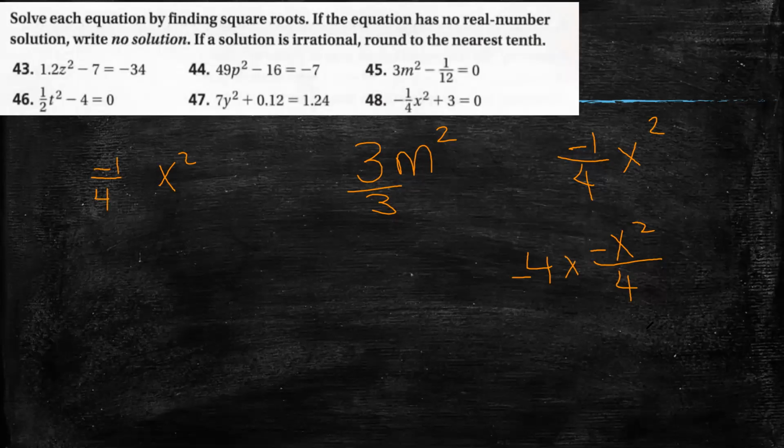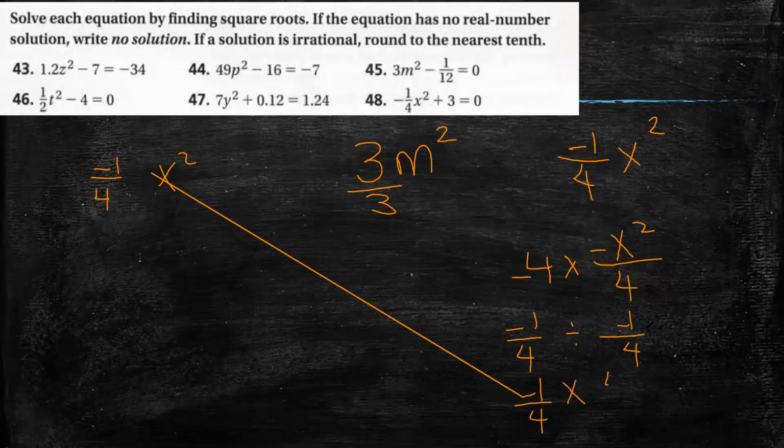You know that if you have a fraction divided by another fraction, you keep the first fraction as it is times the reciprocal of the second one. Here, if I say negative 1 over 4 times x squared, I mean dividing by negative 1 over 4, or multiplying by the reciprocal.